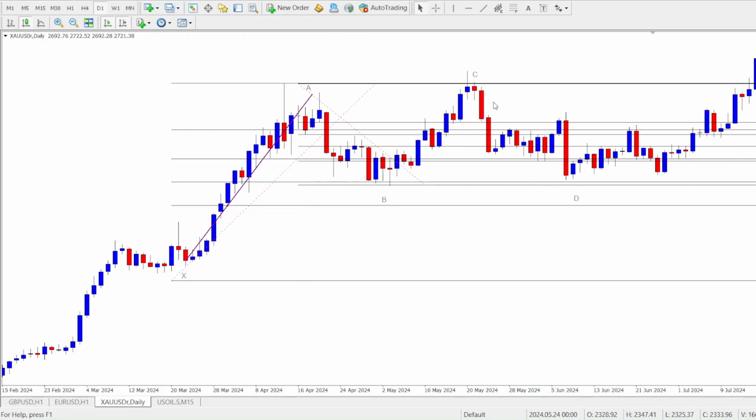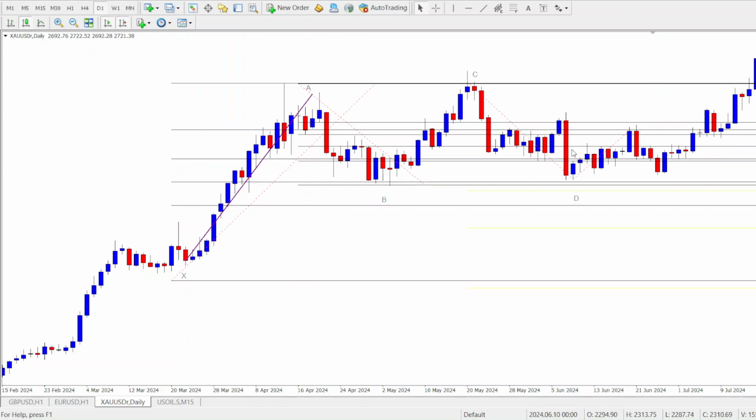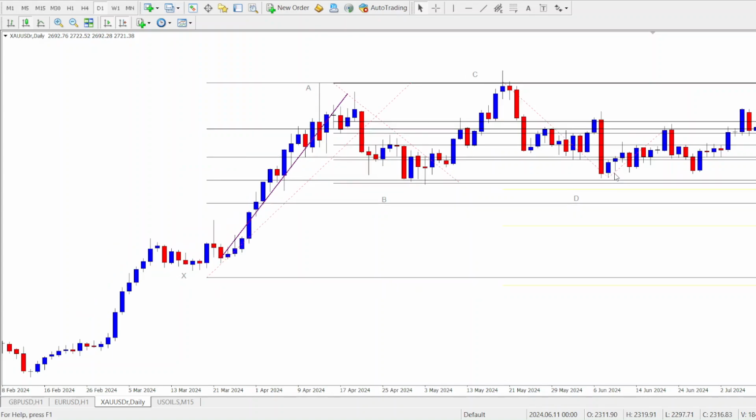Then the leg from C to D is an extension, and the extension is typically 127% to 161.8% of XA.